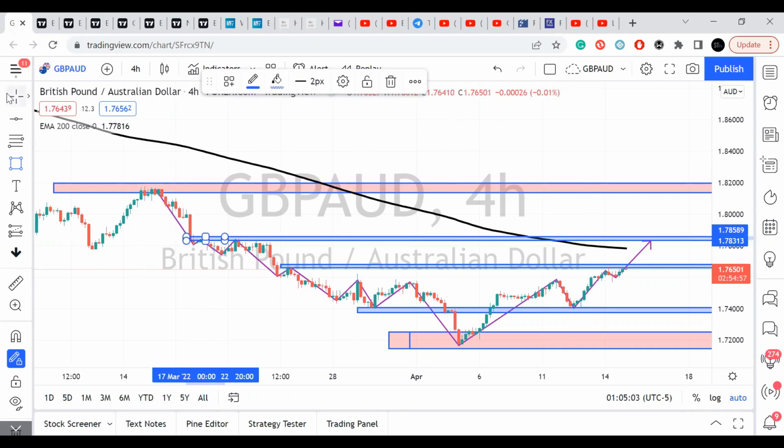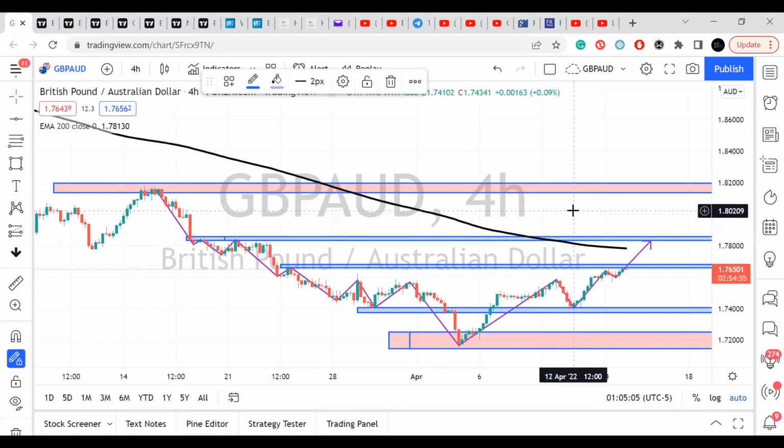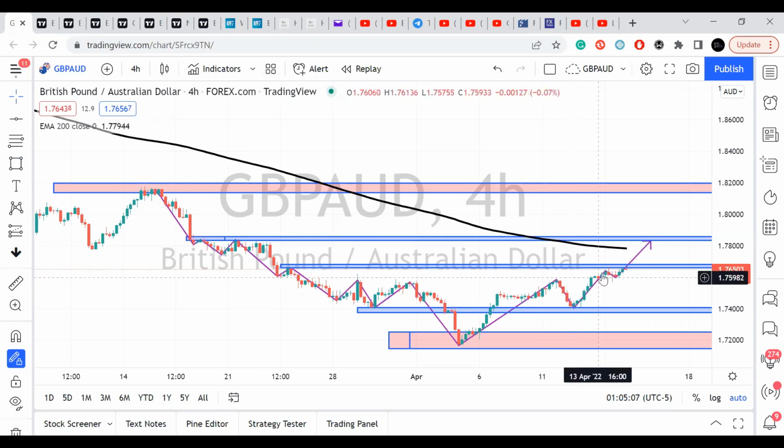So now, yesterday we had a breakout of this structure here. Then price came back to retest. So there was a breakout, and a pullback to retest here. So price came to retest here now. That's how you draw it.